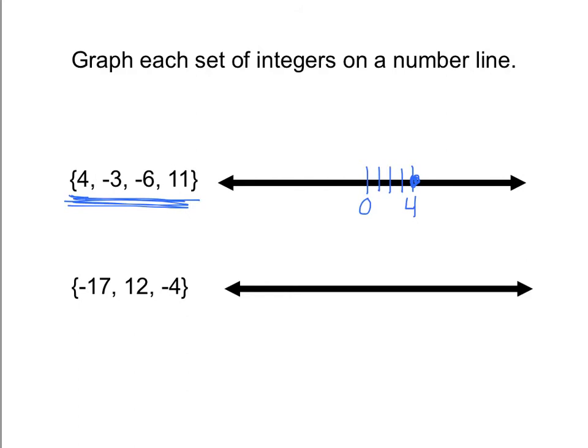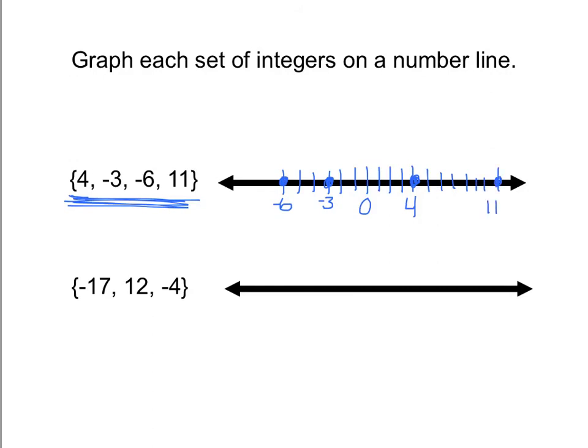Then I'm going to do negative 3. Negative 3 is to the left because it's a negative number. 1, 2, 3. Negative 3. Place a dot. If I don't place the dot, I'm not actually doing my job of graphing the number. Then negative 6. So I go 1, 2, 3, 4, 5, 6. Place a dot. And positive 11, I start at 4, 5, 6, 7, 8, 9, 10, 11.